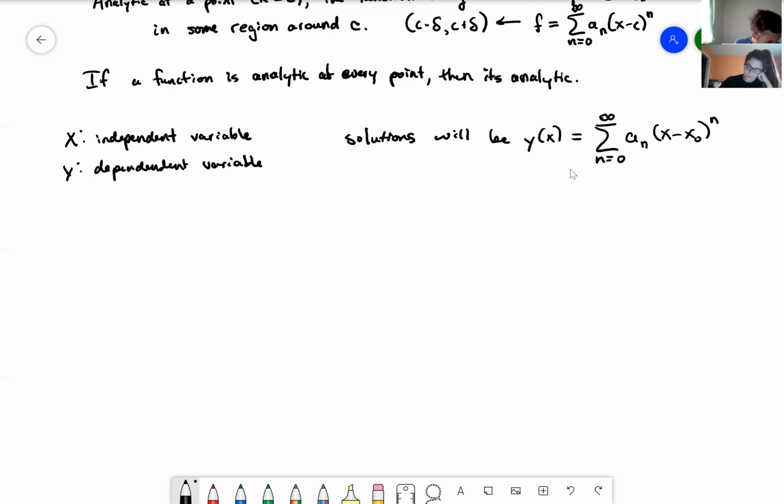Now, what kind of differential equations will we be looking at? They'll again be second order linear differential equations, but now we'll have the possibility of having variable coefficients.